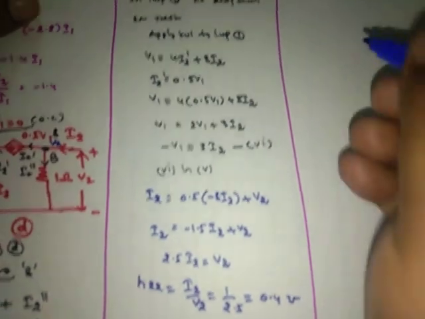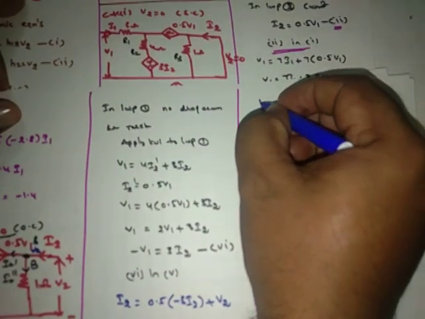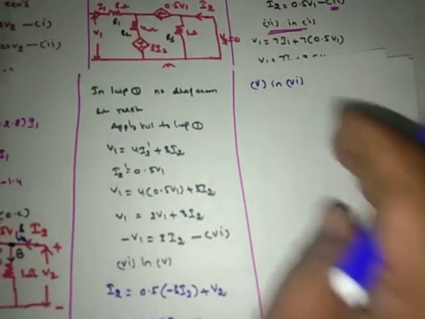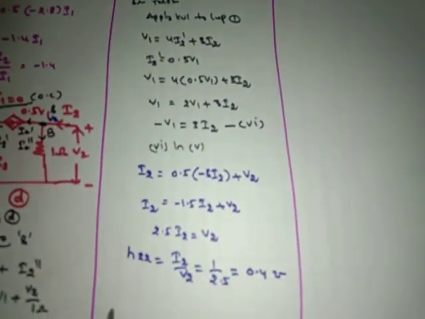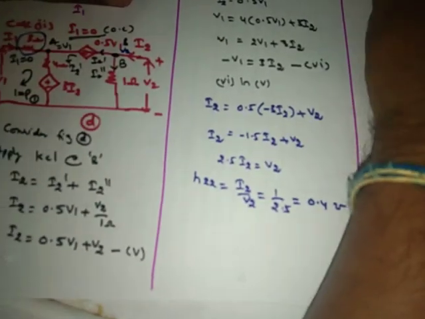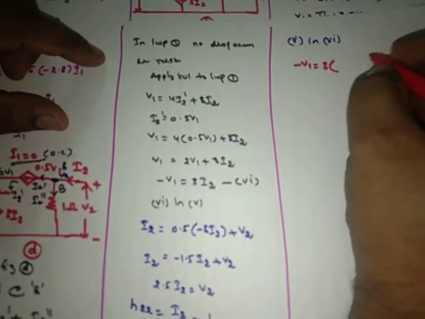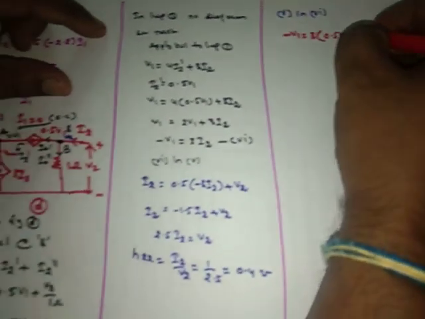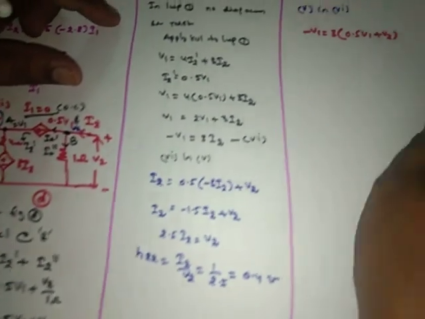H22 is equal to 0.4 mhos. Now again take 5 and 6. This is 5, this is 6. Substitute I2. So minus V1 is equal to 3 into I2, and I2 is equal to 0.5 V1 plus V2.